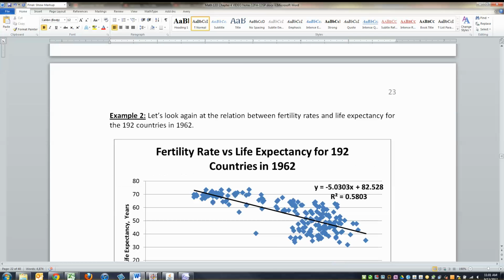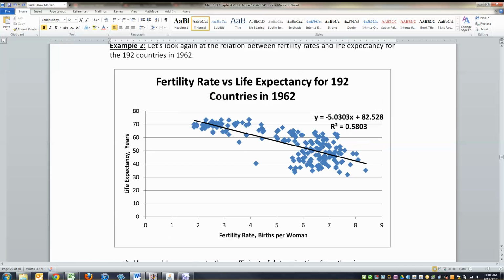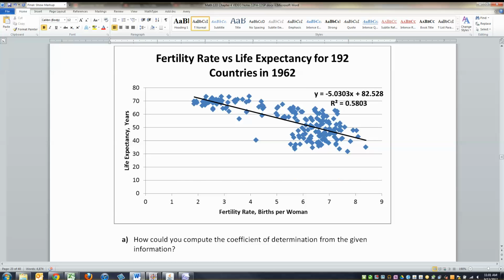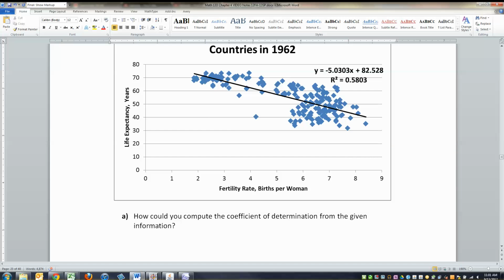Okay, so how do we use that coefficient of determination for a problem? So here's the fertility rates in 1962 again with the life expectancy. How could you compute the coefficient of determination? It's right there. I gave it to you. So Excel gives you the coefficient of determination. It's right there.